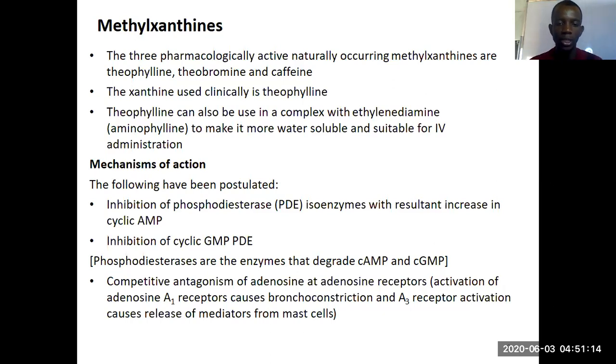There is also competitive antagonism of adenosine at adenosine receptors: activation of adenosine A1 receptors causes bronchoconstriction, and A3 receptor activation causes release of mediators from mast cells. So these are some of the theories that have been brought up towards the mechanism of action of theophylline or the methylxanthines.